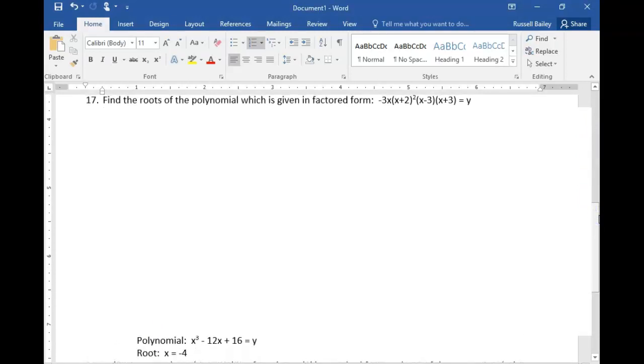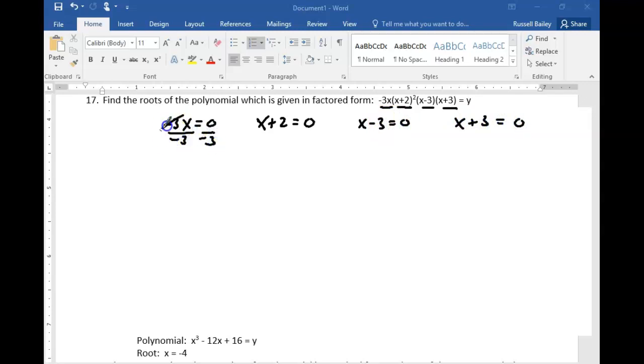Find the roots of the polynomial which is given in factored form. I'll give you a question on the test where I ask you to find the roots in factored form, and what you do is take each of the factors, set them equal to 0, and solve. For this first one, we divide both sides by -3 and we get 0.